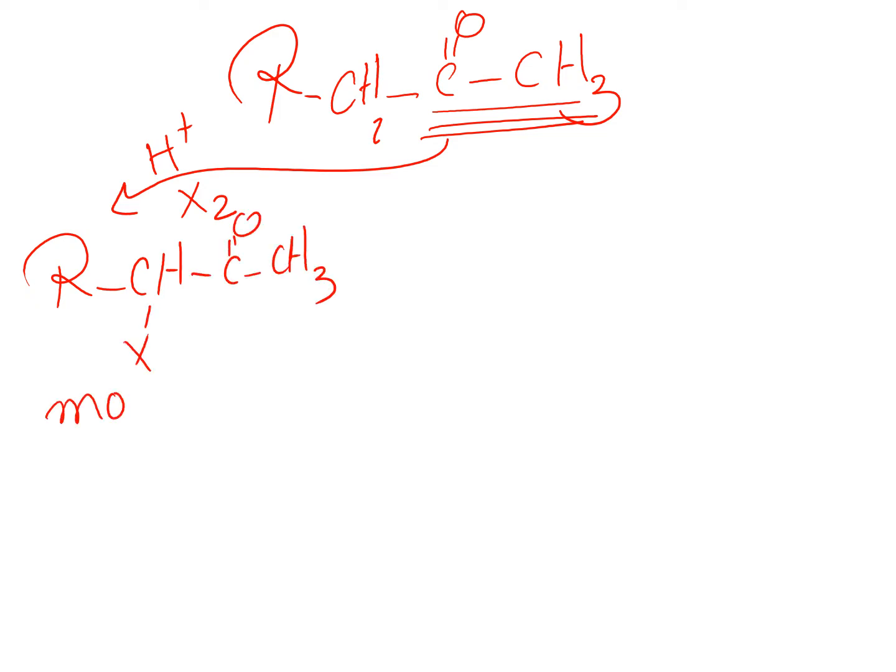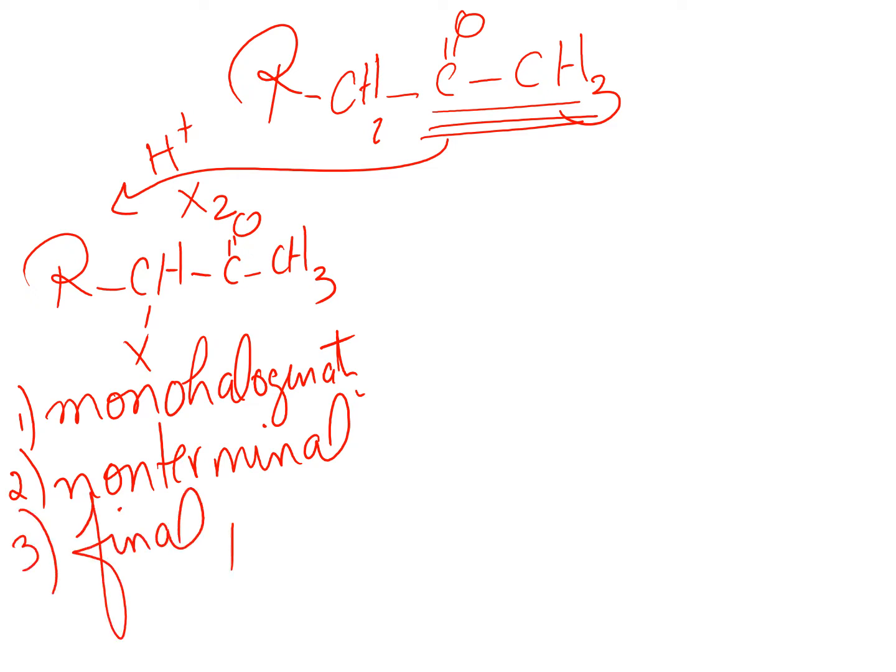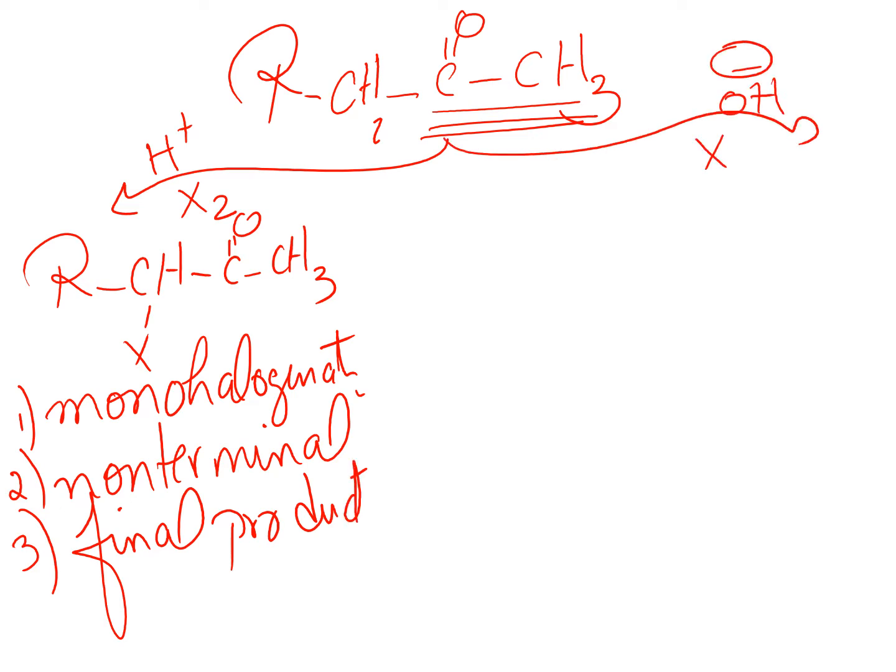So it's a monohalogenation, and it's non-terminal, prefers to be in the middle of the compound, and finally the final product is what we have just drawn. However, if we use the base catalyzed halogenation, first of all, it's a multiple halogenation.